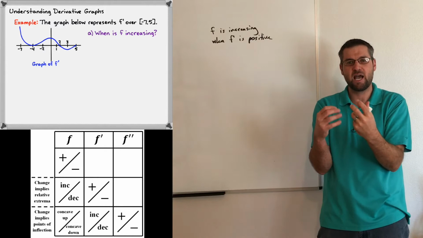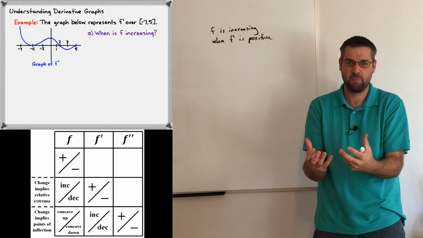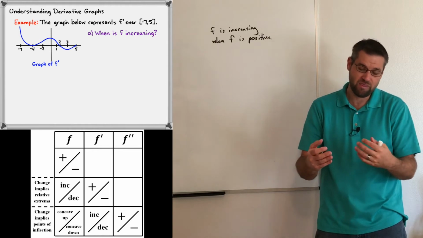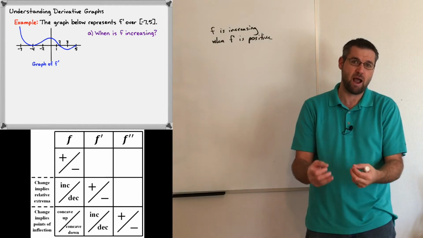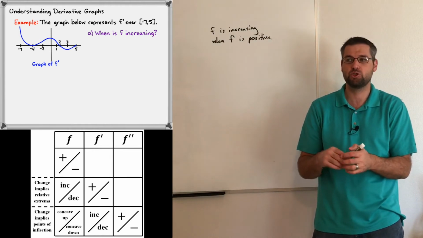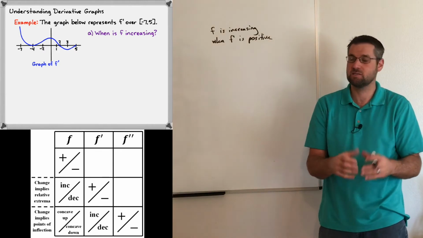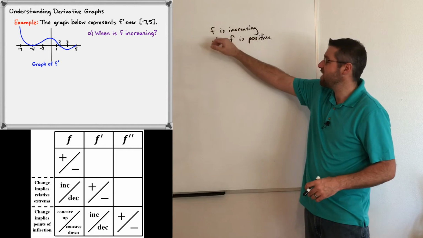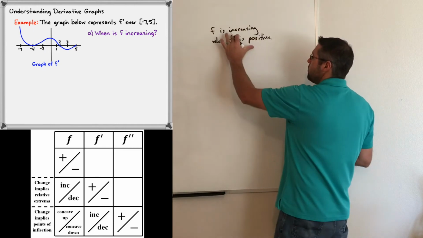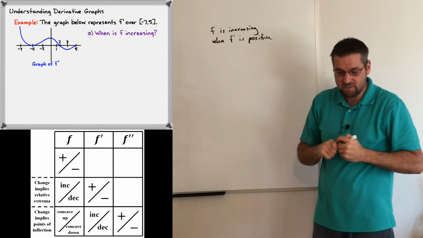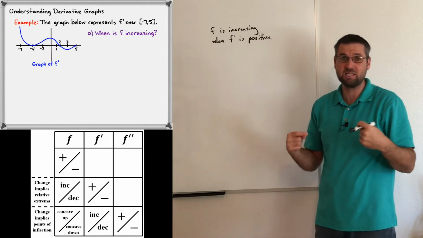It's asking about the function f. So we want to know something about f. Now we look at what they gave us. They gave us a graph of f prime. So we want to interpret their question in light of what they gave us. They're asking about f, but they gave us f prime, so we want to make sure that we're answering it in light of f prime. So f is increasing when f prime is positive.